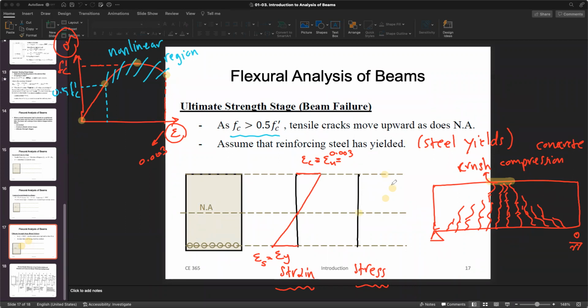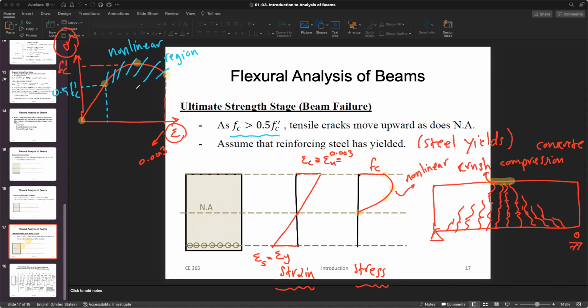The concrete stress-strain relation would be in this shape, as you're seeing, because we want to include the whole thing all the way to the 3000s. This is the stress in concrete, and it is nonlinear.